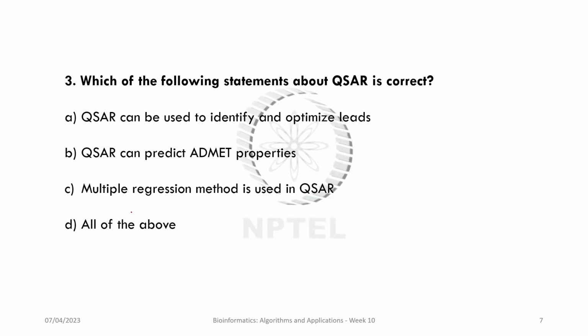Question 3. Which of the following statements about QSAR is correct? A, QSAR can be utilized to identify and optimize leads. B, it can predict ADMET properties, and C, multiple regression method is used in QSAR.